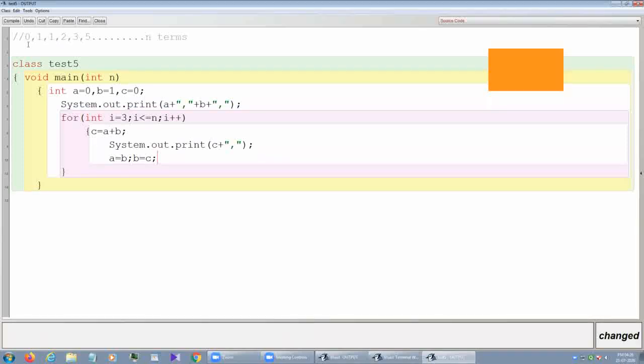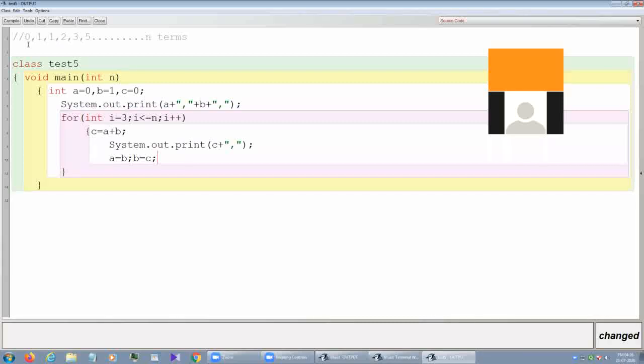Prashangsha, are you there? Yes, sir. Suppose the value of n given by the user is 5, how long will it print?